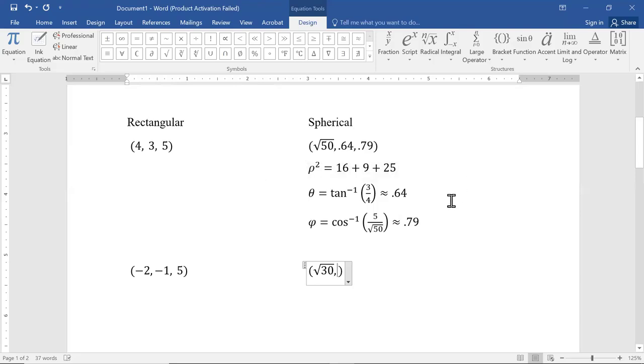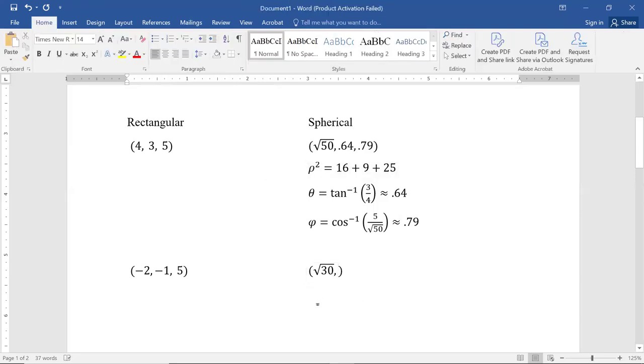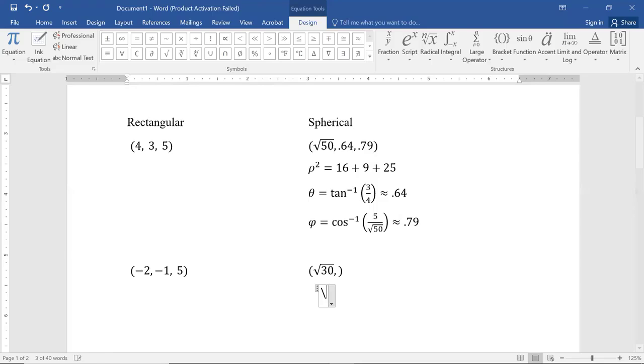Did it just like this. Theta is going to be the inverse tangent of -1 over 2, which is the same thing as -1 over -2, which is the same thing as 1 over 2.